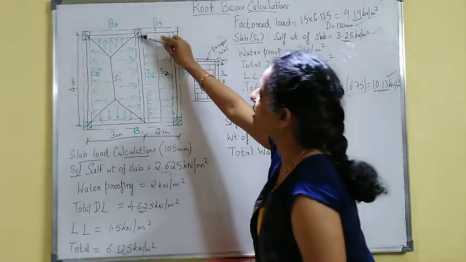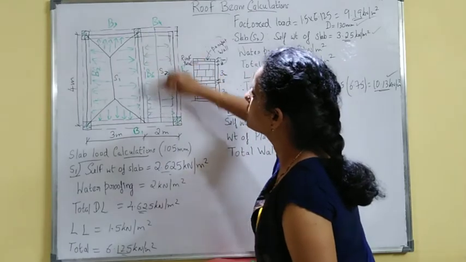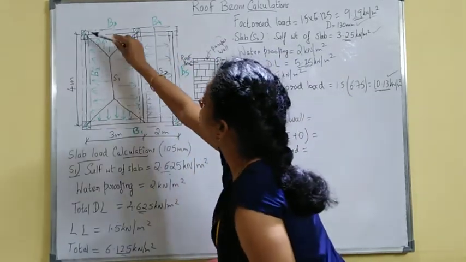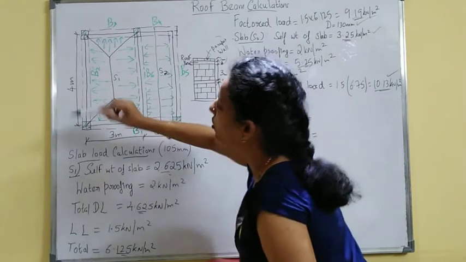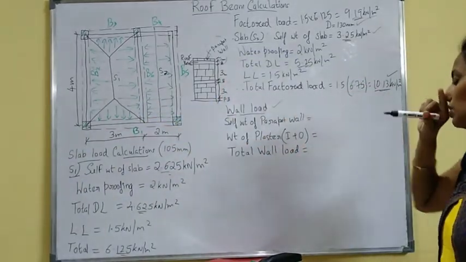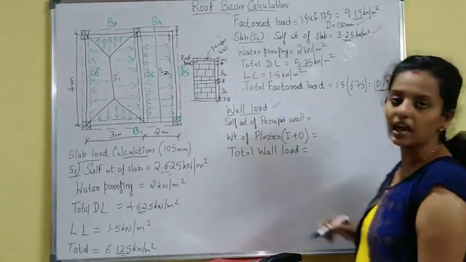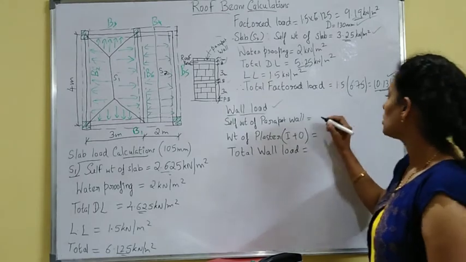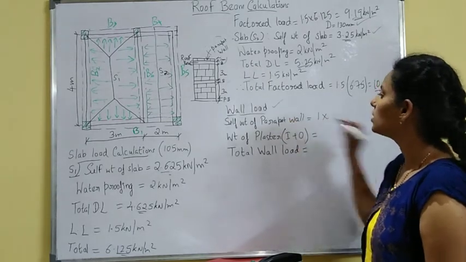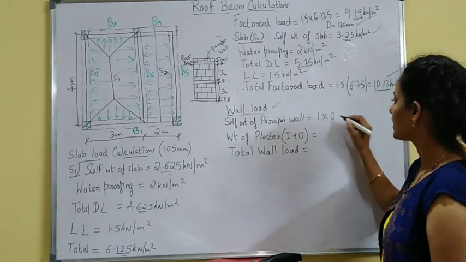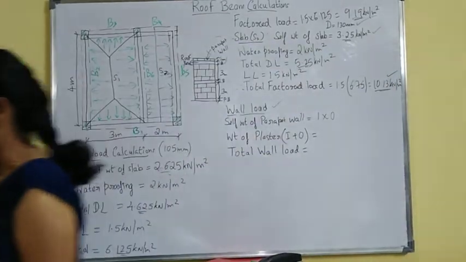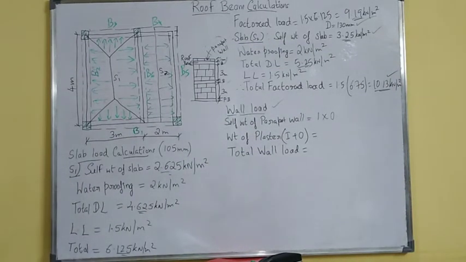So there will not be any parapet wall above this beam. Okay, so the parapet wall will be only at the boundary line. So we consider the height as 1 meter, and the thickness of the parapet wall we take as the partition wall thickness, that is 125 mm.